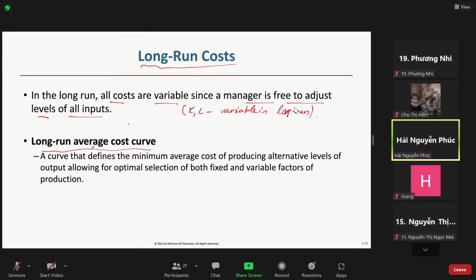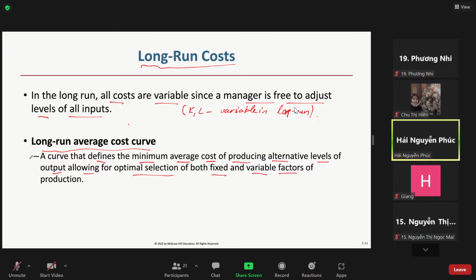The curve defines the minimum average cost of producing alternative levels of output, allowing for optimal selection of both fixed and variable factors of production.